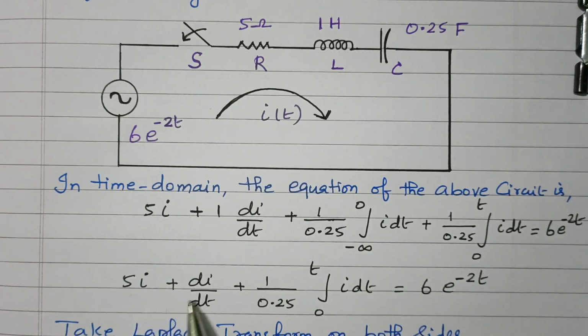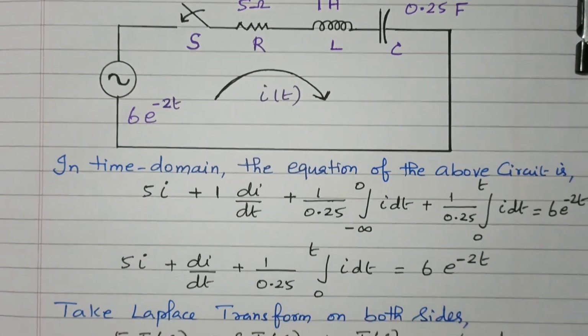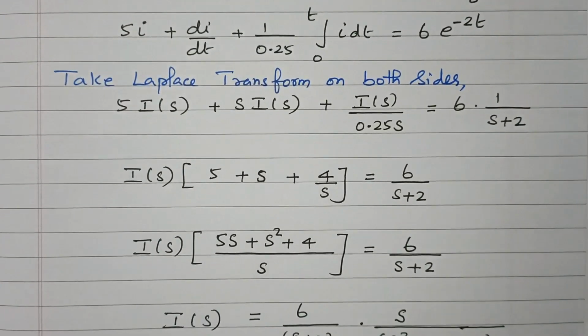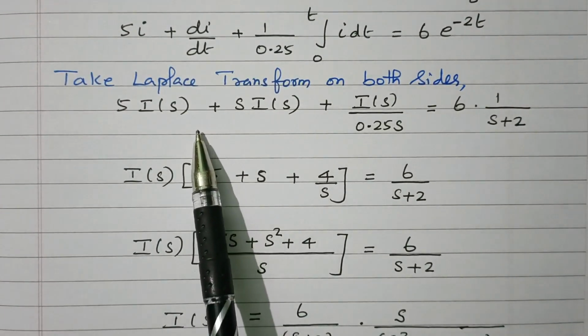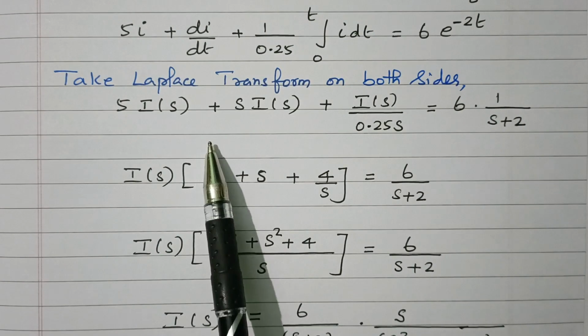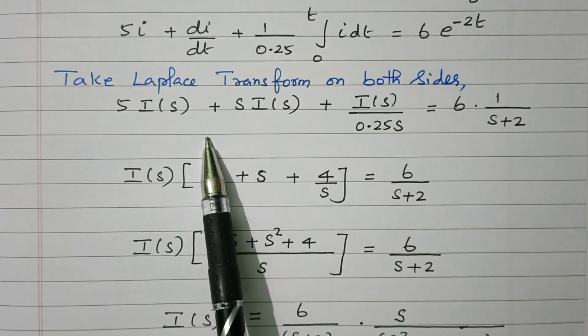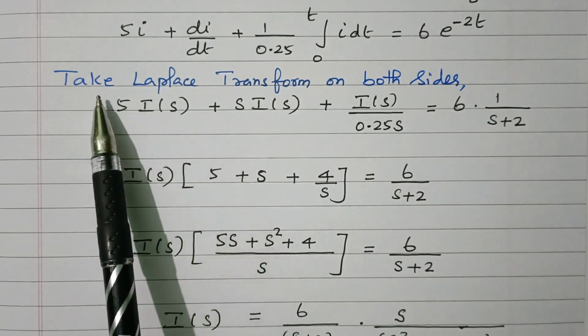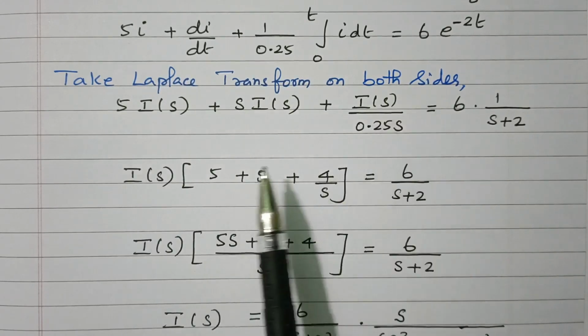So 5i plus di by dt plus 1 divided by 0.25 integral 0 to t i dt equals 6 e power minus 2t. Now we need to take the Laplace transform in order to convert from t domain into s domain. After simplification, we take the inverse Laplace so that we get the current in t form, that is the transient current.